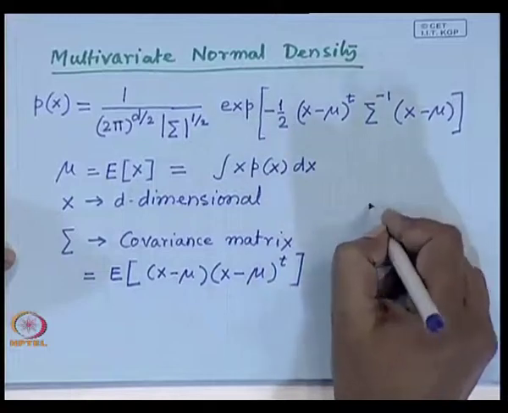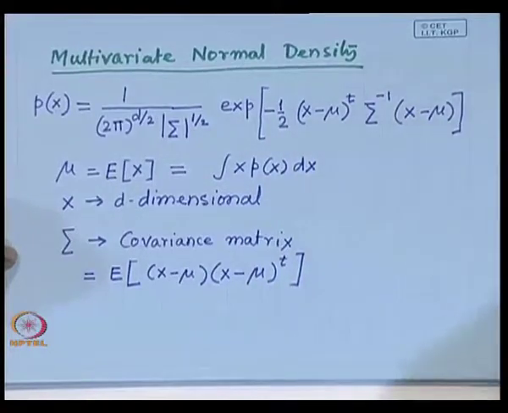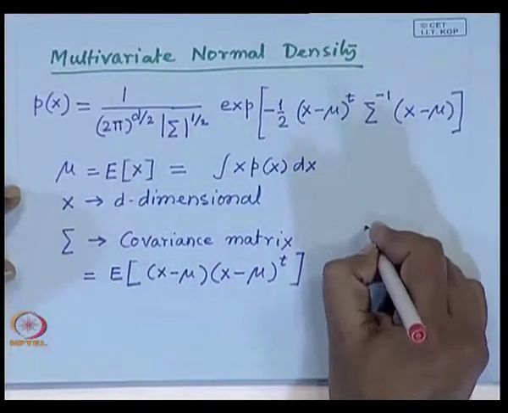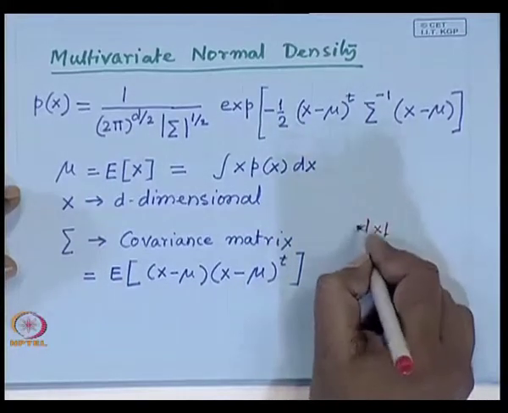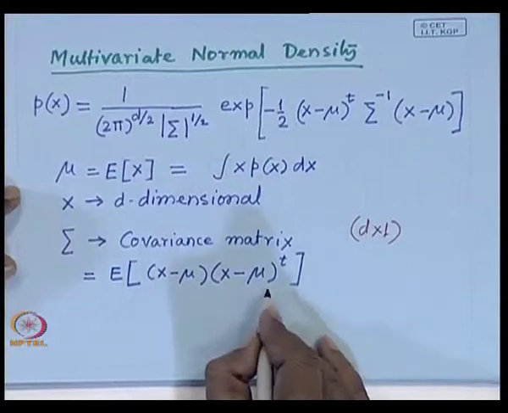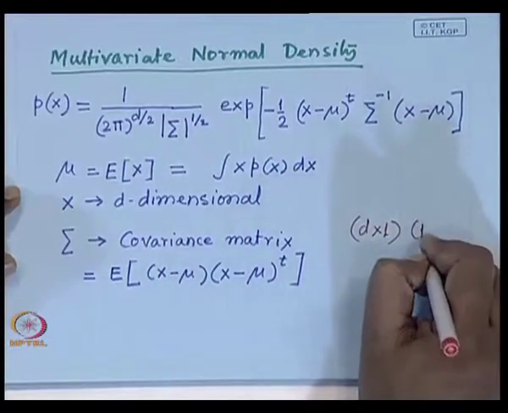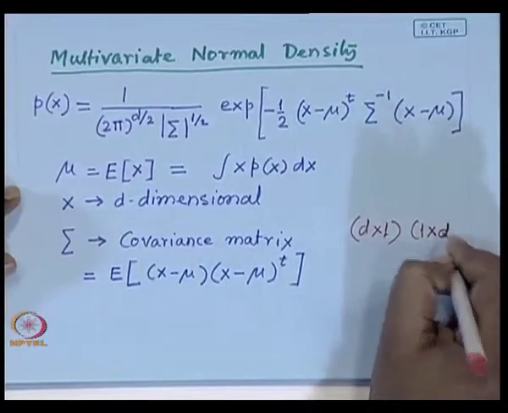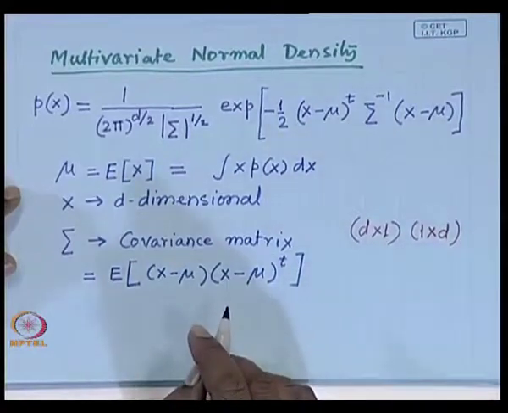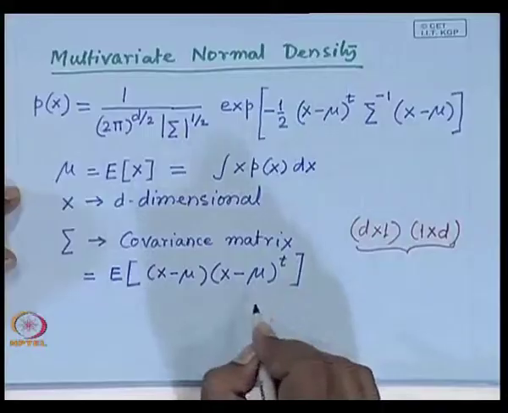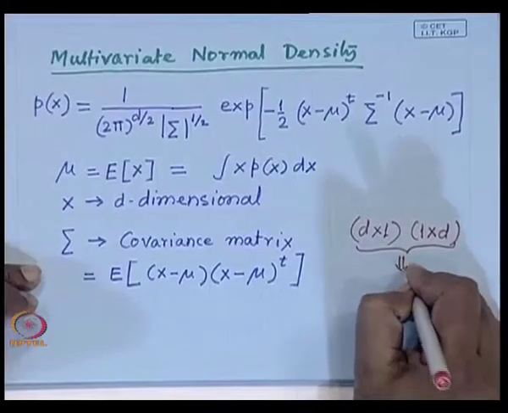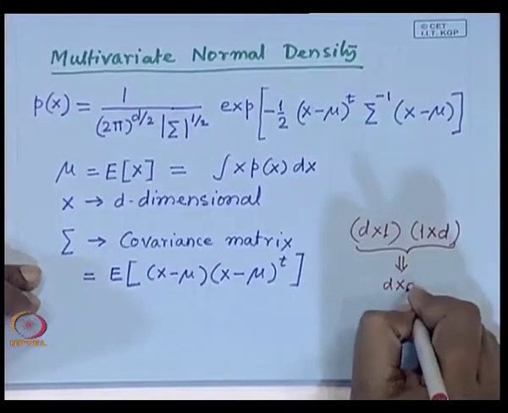So, x minus mu is of dimension d by 1, because it is a column vector. And (x minus mu) transpose is a row vector of dimension 1 by d. So, this is actually the outer product of two vectors, and when I take the outer product of two vectors, the result is a d by d dimensional matrix.